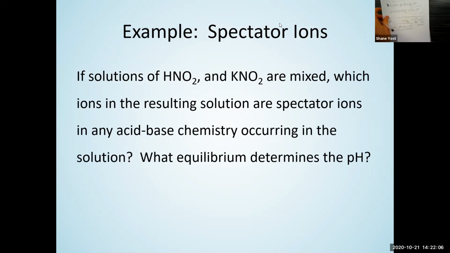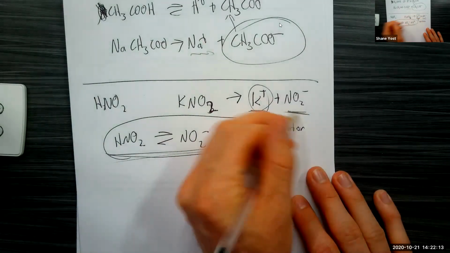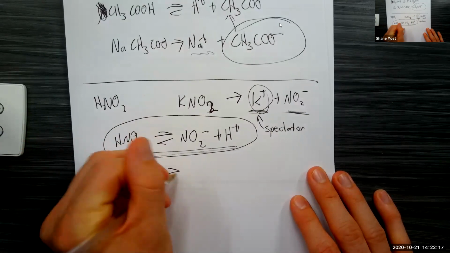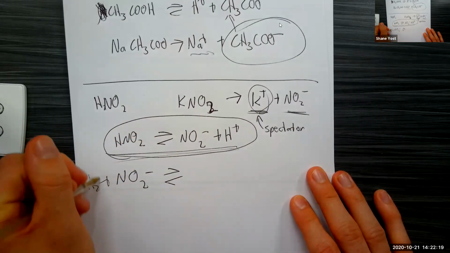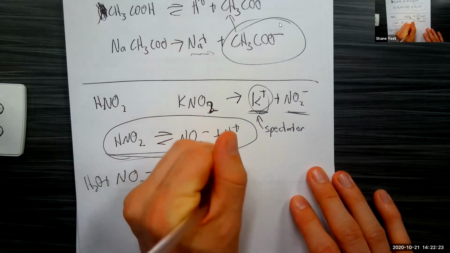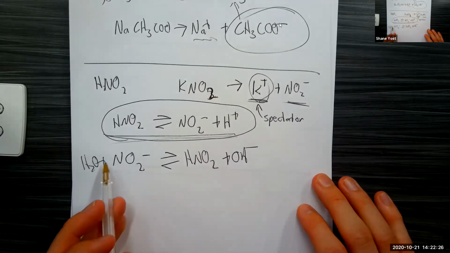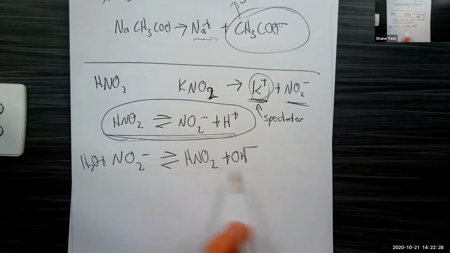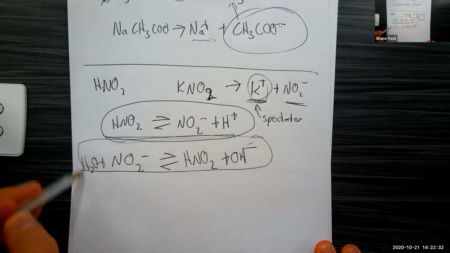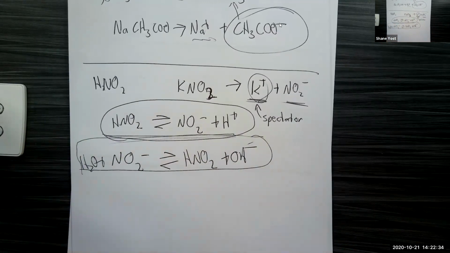Technically, you could have also said, well, I've got NO2 minus in solution, that's a weak base. NO2 minus reacting with water forms HNO2 plus OH minus, okay? And this could have also been a valid answer to what equilibrium is determining the pH.